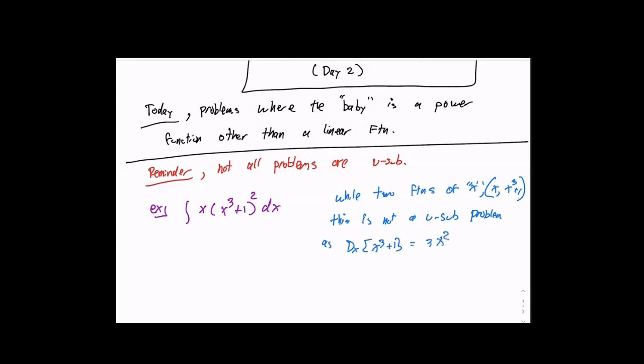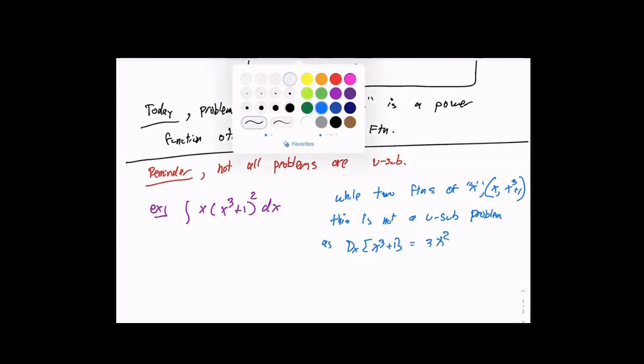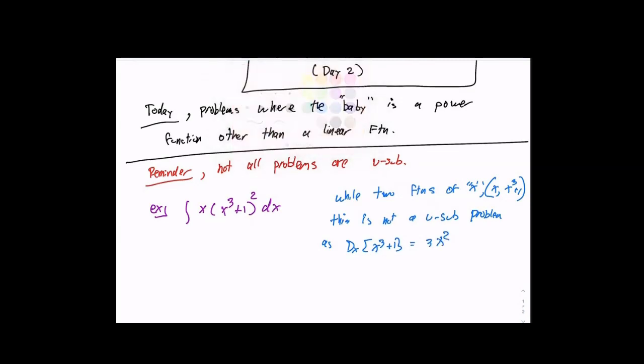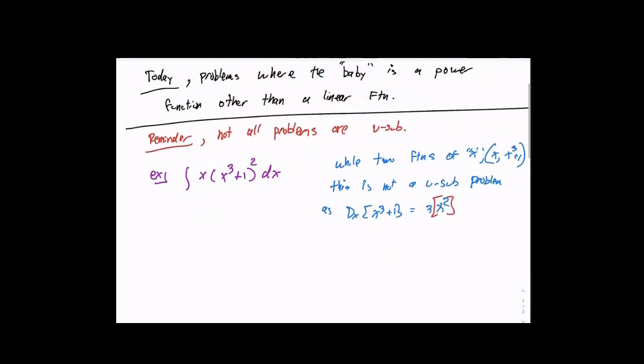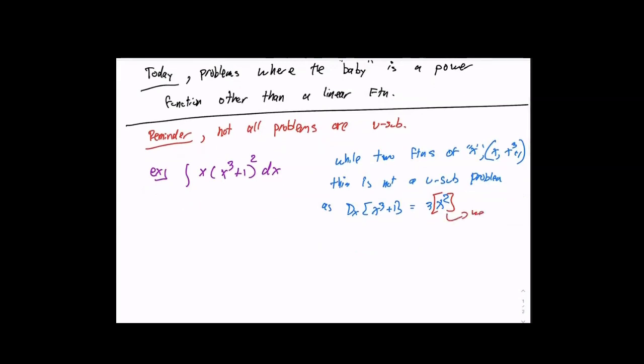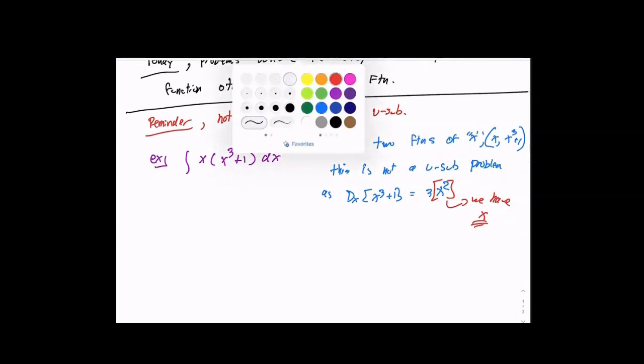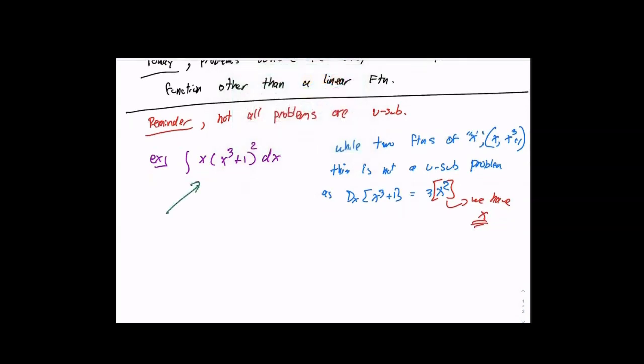And it's this x squared piece here that's important. We have x. So it doesn't work, because if you did U-substitution with u equals x cubed plus 1, then your baby has to be 1 degree less, which in this case would be x squared.